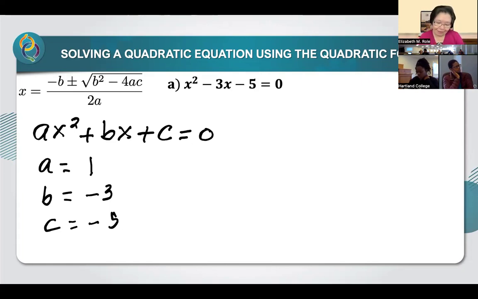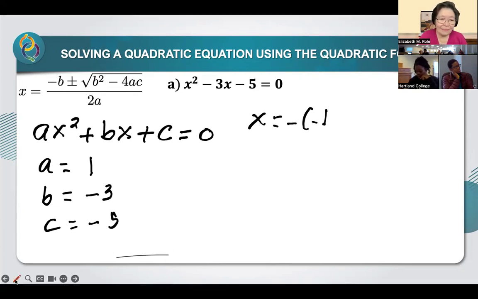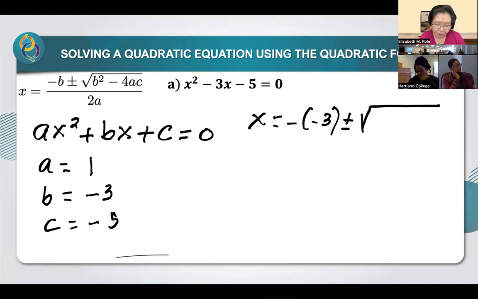Then we just substitute. From that quadratic formula, we say minus b. But our b is minus 3, okay? Minus minus 3 plus or minus the square root of your b, which is minus 3, we square that, minus 4, your a is 1, your c is minus 5, all over 2 times 1.